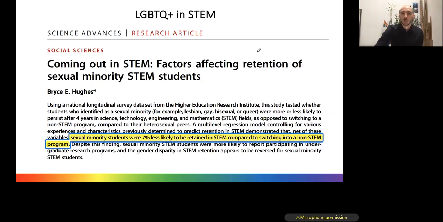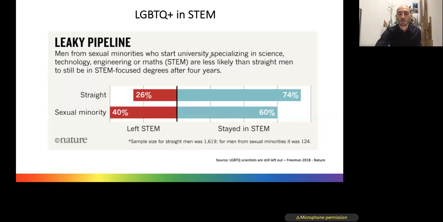So, but specifically in STEM, what are the issues that the LGBTQ community faces? There were studies showing that sexual minority students are 7% less likely to remain in the STEM field because of this so-called leaky pipeline.